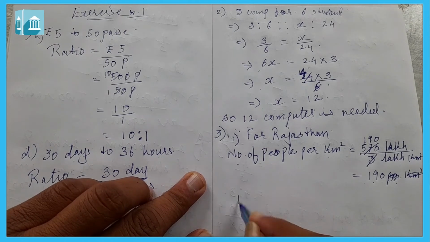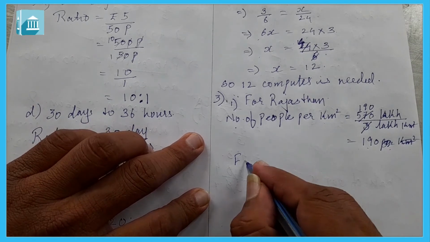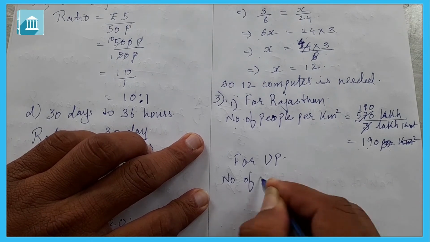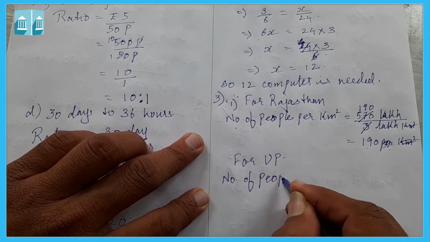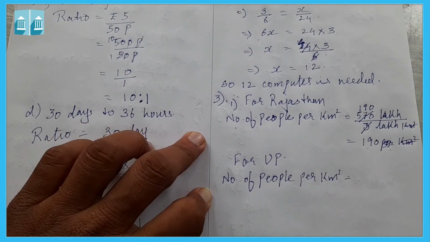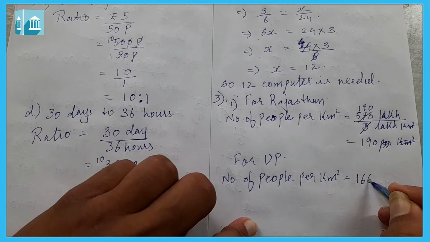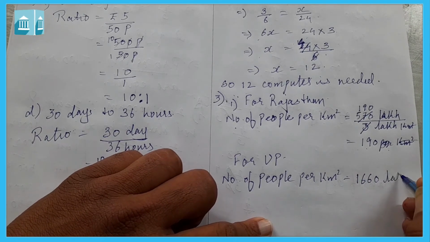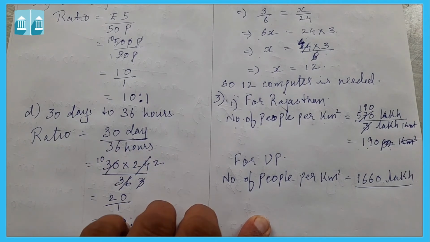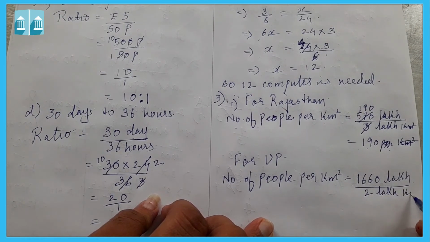Now for the second, it is given for UP, that is Uttar Pradesh. So for UP, the number of people per kilometer square is equal to 1660 lakh upon the area, which is 2 lakh kilometer square.